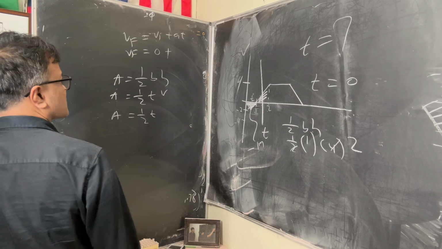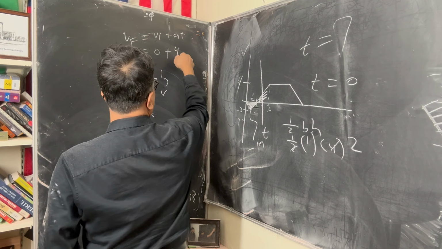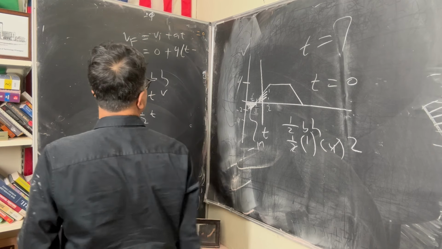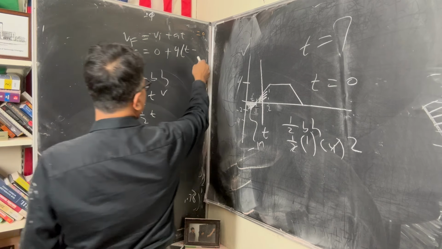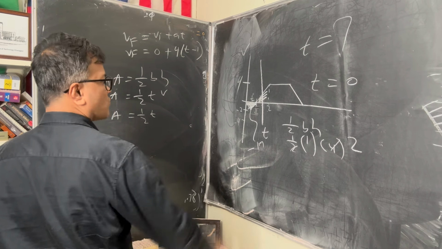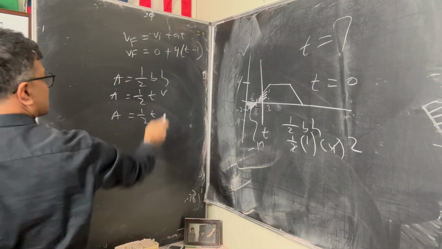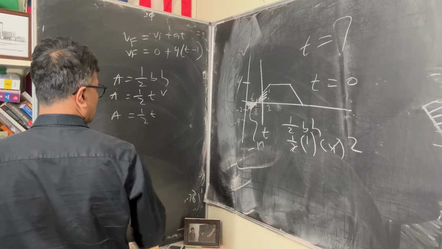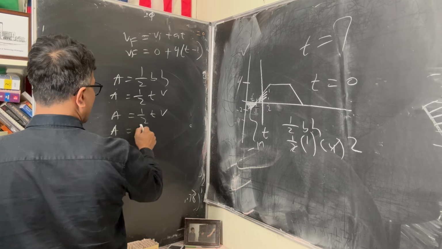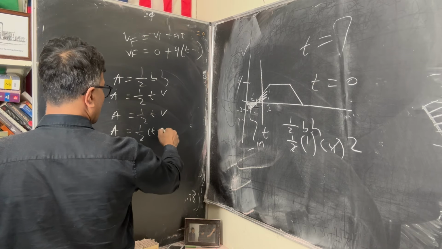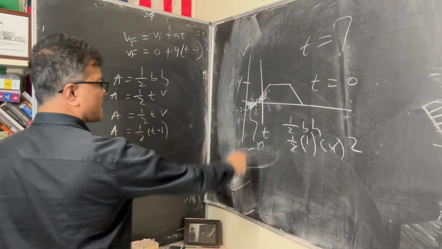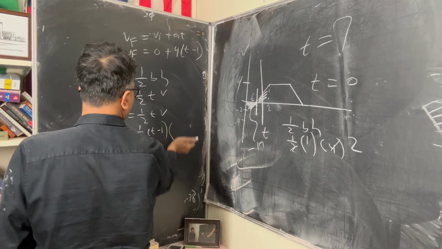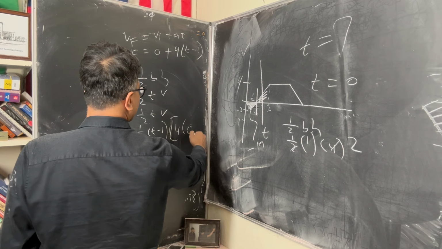So acceleration is 4. And then t minus 1. Why? At 1 second, velocity is 0. Very simple. So area is half t minus 1. Why? Because it is just from 1.